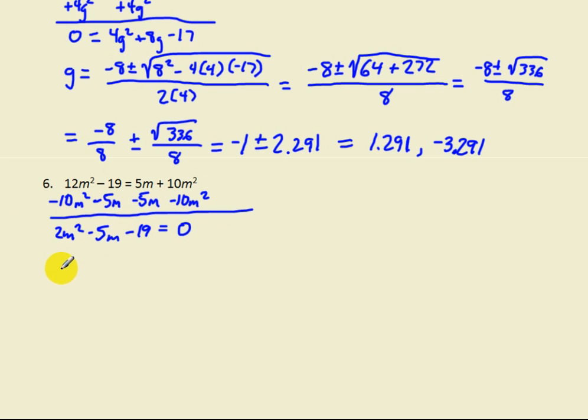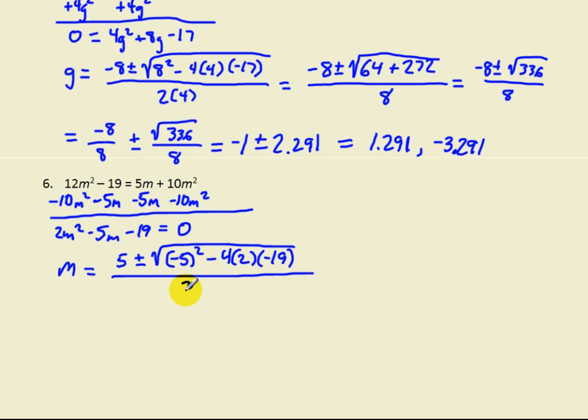So now we can use our quadratic formula. So m is equal to, the opposite of negative 5 is a positive 5, plus or minus, okay, we're going to square negative 5, negative in the parentheses, minus 4 times a, which is 2, times c, which is negative 19. Take the square root of that, all over 2 times 2.